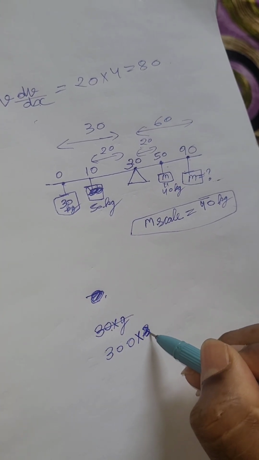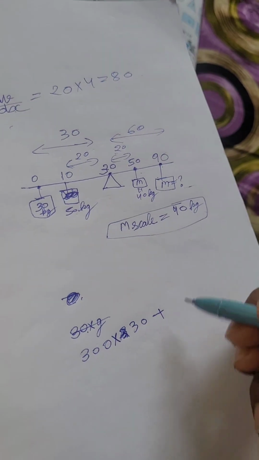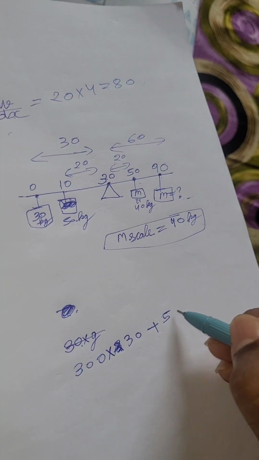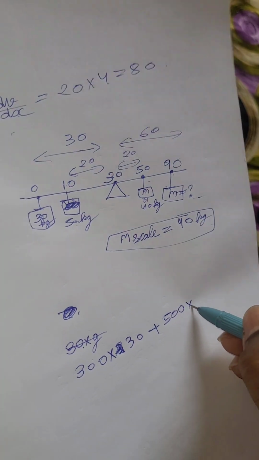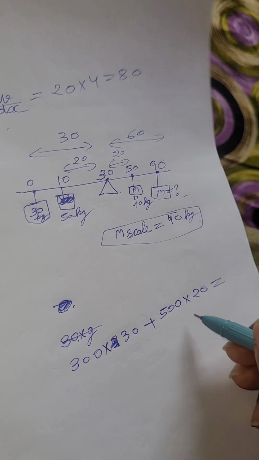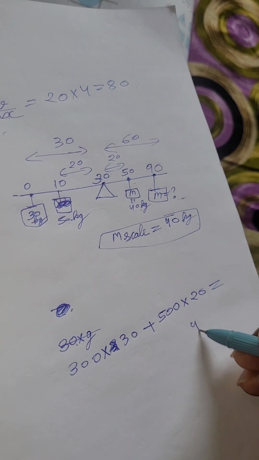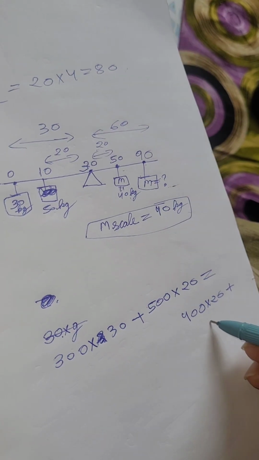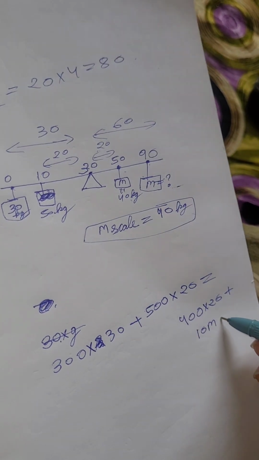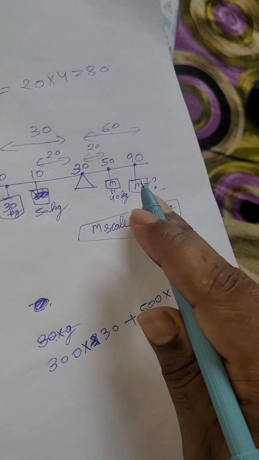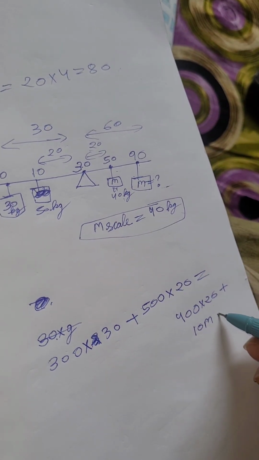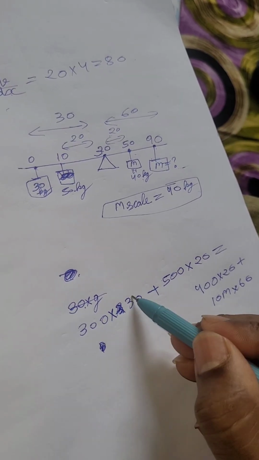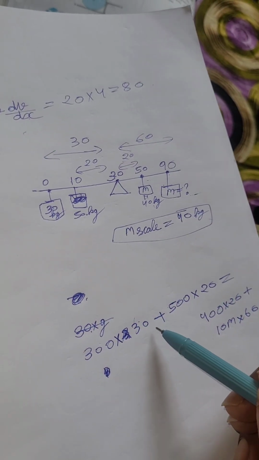So 30 plus, I am writing the anti-clockwise moment, 50 into 10, 500 into 20 equal to this 40 into 10, 400 into 20 plus the mass m into 10 into 60. I am writing this force into r perpendicular.